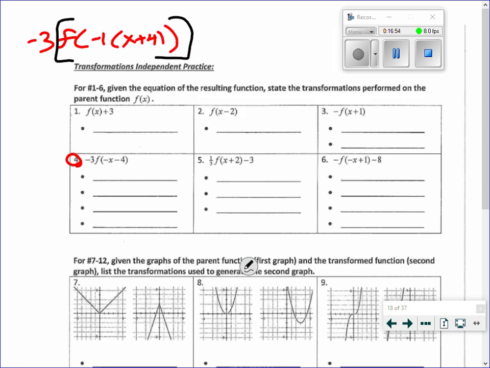So from here, let's look and think about all this transformation. I have 4 spaces, so think about I have 4 transformations. My first one is happening from this negative all the way up front, which means I'm doing what? Yeah, reflect x.